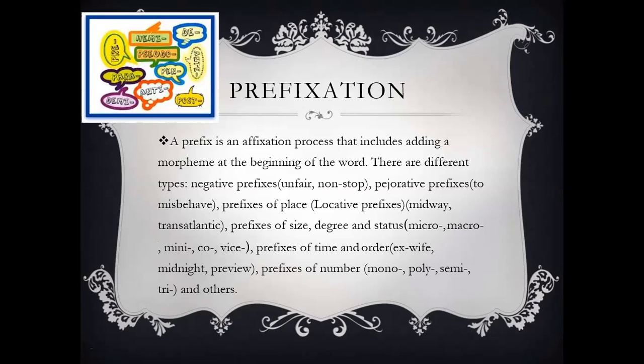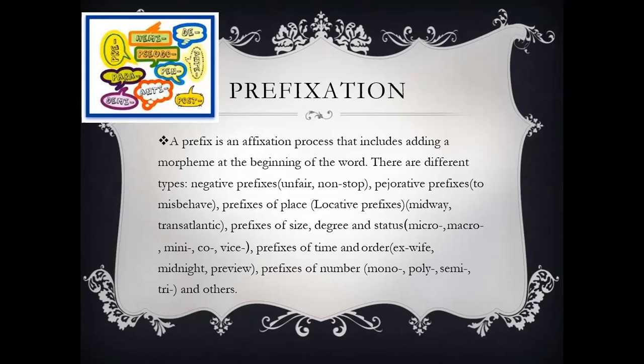So there are different types of prefixes. As we know, there are negative prefixes like un, non, for example, unfair, non-stop, or pejorative prefixes that start with mis, yes, misbehave, prefixes of size, degree, stages. Micro, macro, mini, co, wise. Yes, they show the size, degree, or stages.